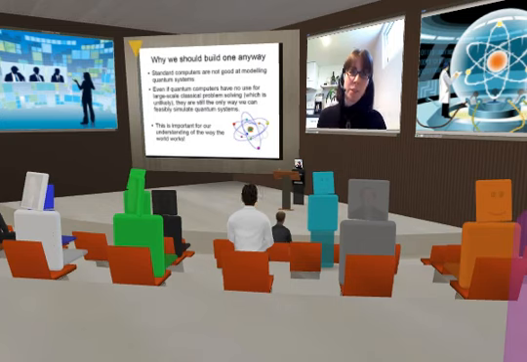However, I believe that we should build quantum computers anyway, despite all these problems, because, like I said before, standard computers are not very good at modeling quantum systems.